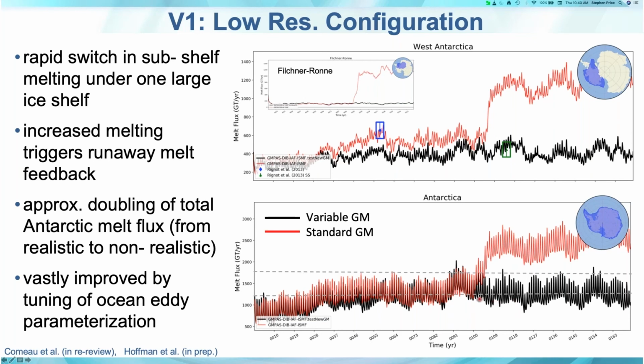Eventually, we discovered that with some tuning of the GM parameterization, we could fix that problem and get realistic sub-ice shelf melt rates. Those are shown here in the black lines. Now, we think this instability is a real feature of the Southern Ocean and its interactions with the ice shelves.